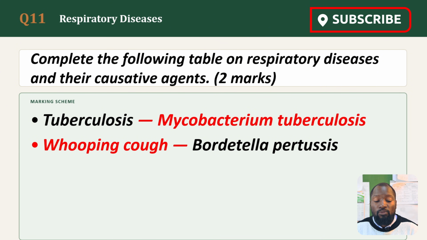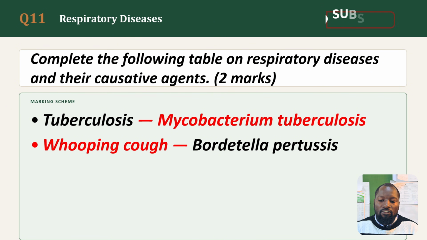So the first disease we have is called tuberculosis. Now the causative agent for tuberculosis is Mycobacterium tuberculosis. Now I want you to take care of these words because this one is a scientific name, and whenever we are writing a scientific name, first of all, spellings must be very correct.